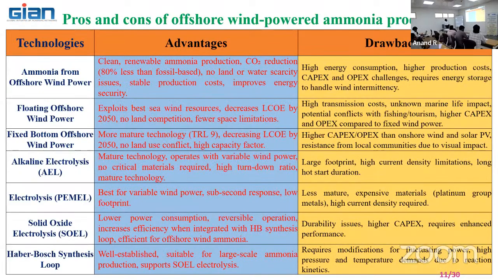So the advantages: ammonia from offshore wind power, clean renewable ammonia production, CO2 reduction of 80% compared with the fossil based, no land or water scarcity issues, and it exploits the best seaweed resources. If you are going to install this on the sea itself, there's no problem of land competition or space limitation.